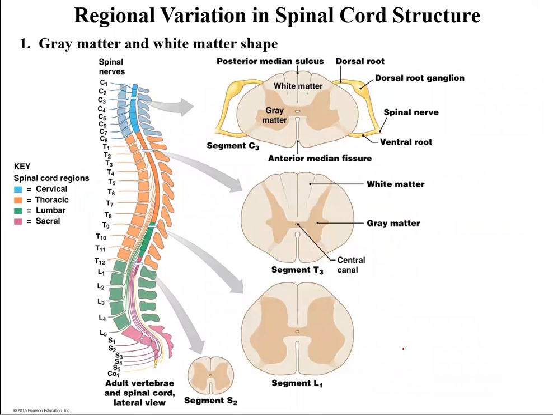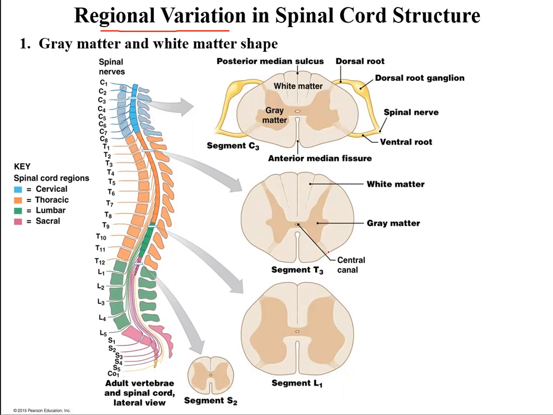If we take a transverse section through the spinal cord at different places along the spinal cord, the shape of the gray matter versus white matter is going to change a little bit. There is this regional variation in the structure of the spinal cord, and that's all tied to what organs are located in these different areas.